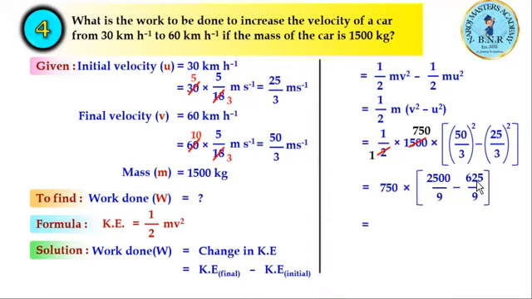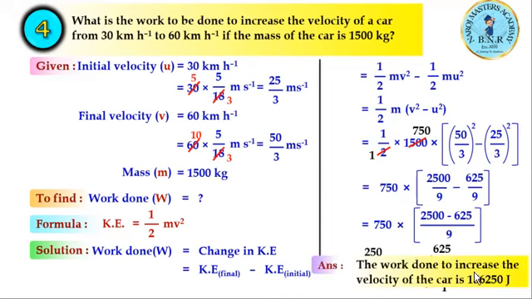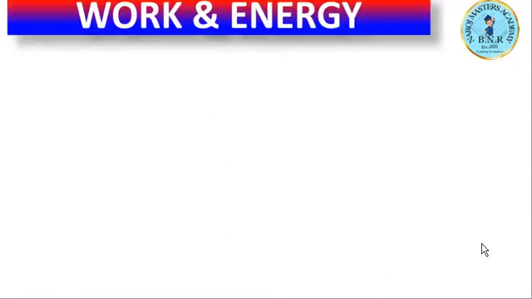And this is 25 square, means 625 by 9. LCM is 9 here. You can subtract it. Then you will get the answer and then simply multiply with this. You get the whole answer. And finally you got 1,56,250 joules. Thus work done to increase the velocity of the car is 1,56,250 joules. Is it clear?